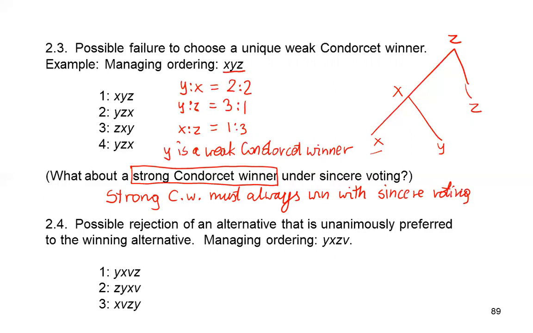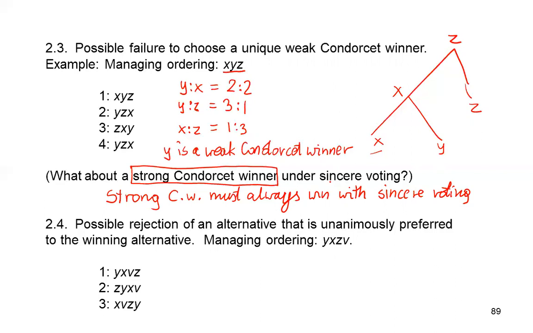Why? Well, at some point with any agenda, our Condorcet winner must enter the elections. And because of the definition of the strong Condorcet winner, the first time it enters the elections, it must win. And then it keeps winning.